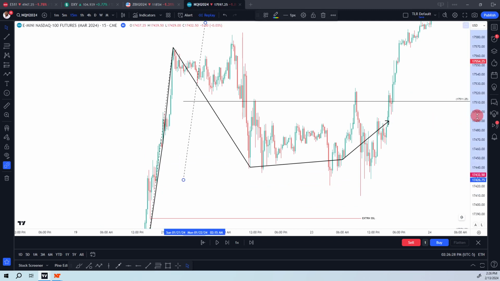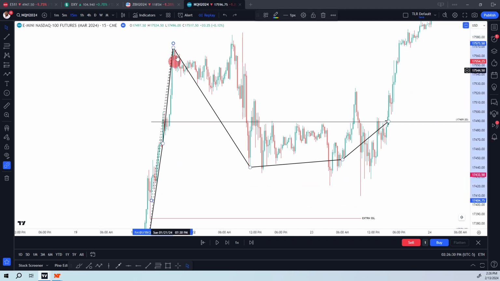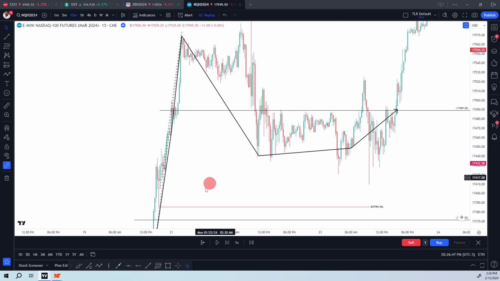So we're looking at what the 15-minute is doing now. We've taken out external. So we push down, come back down to internal right there, and we push up, poke above this high, taking out external right there. But this is the low we're watching. Why?